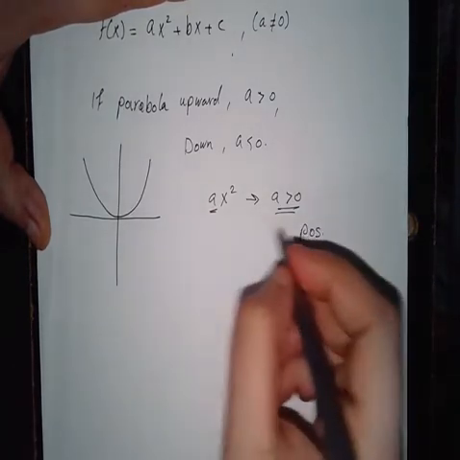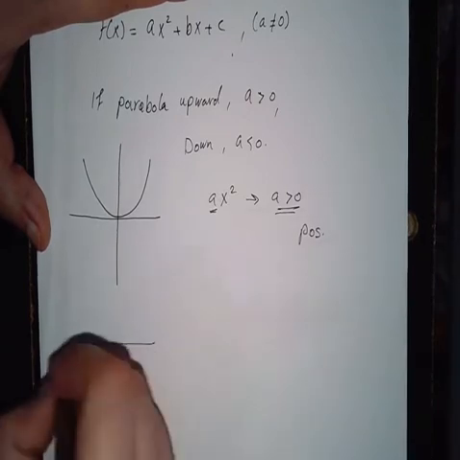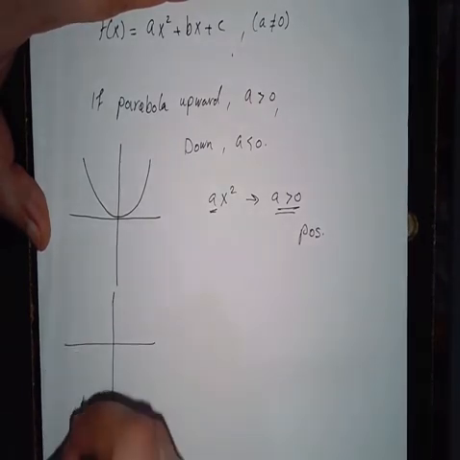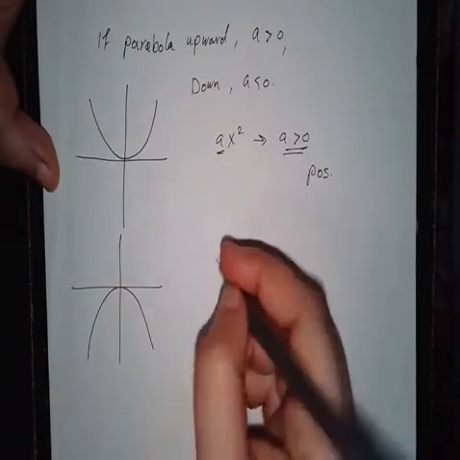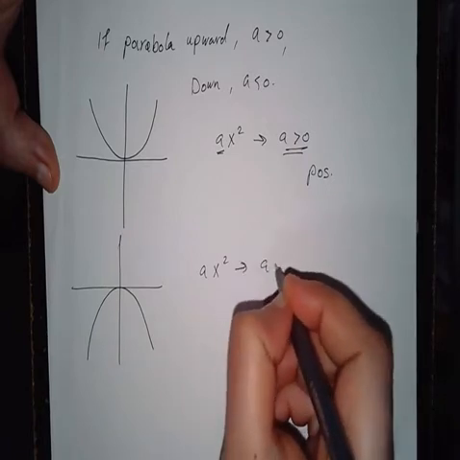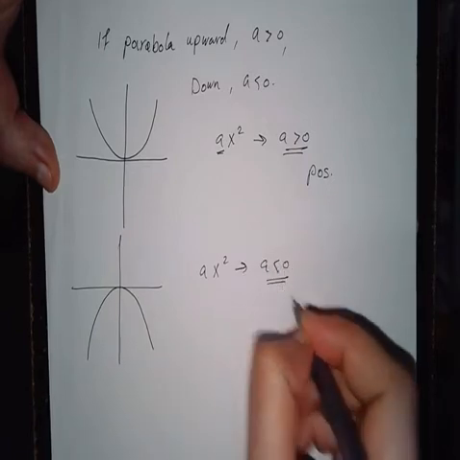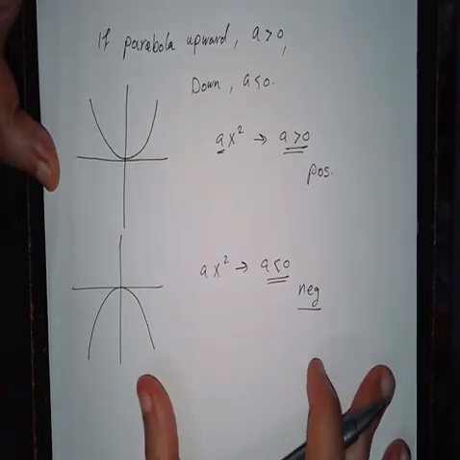Yes? Now, if it was negative, the graph would look like this. The bowl is going to be opening downward. So over here, you have ax squared where a is less than 0. Therefore, it is negative. Okay?